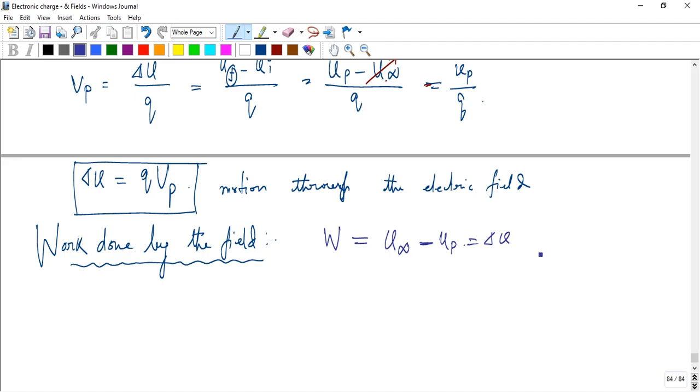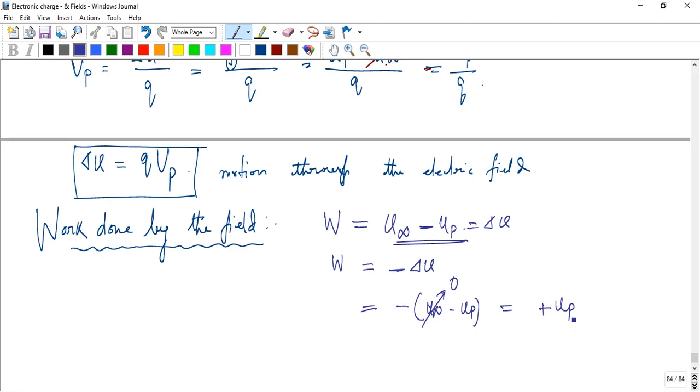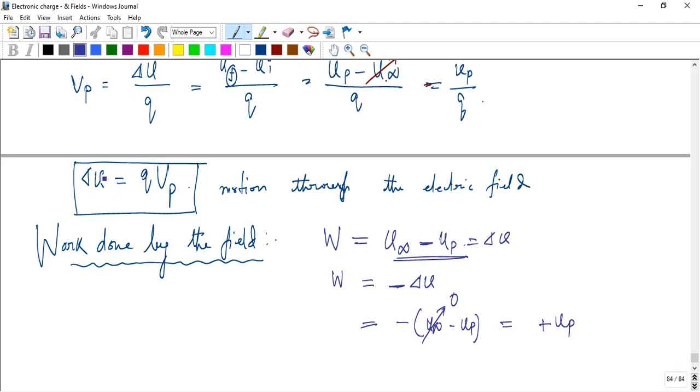That's why we get a minus term, minus delta U. So minus delta U is U infinity minus UP, and we know the potential energy at infinity is equal to 0. So minus minus plus, that is UP, the potential energy at point P.